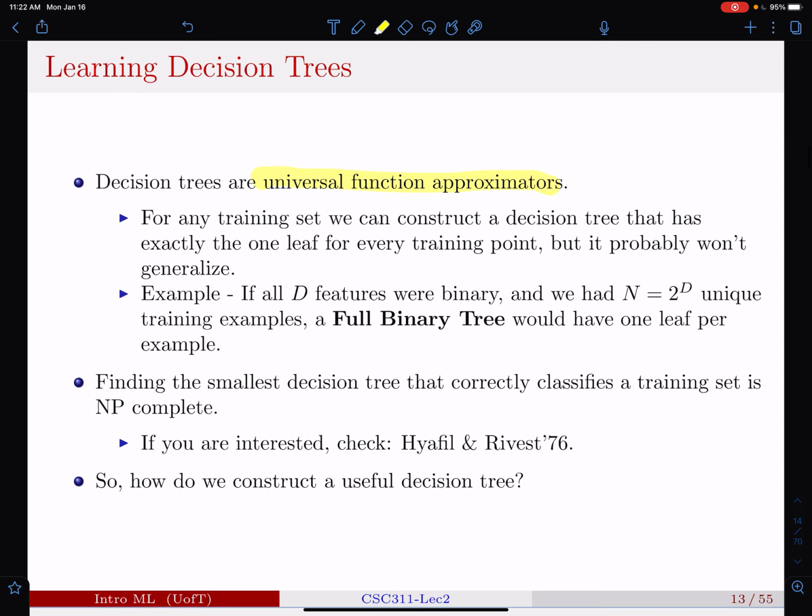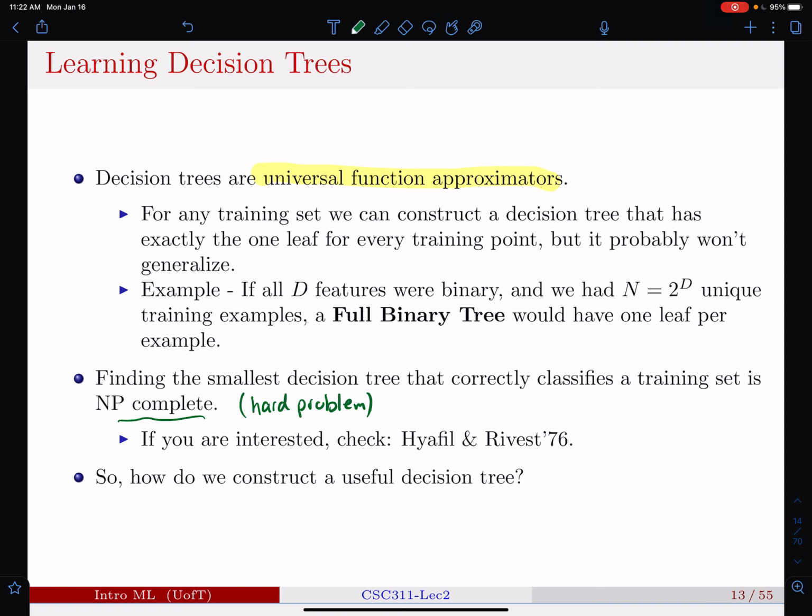But this isn't particularly useful to us if the decision tree doesn't generalize, and actually finding the smallest decision tree that correctly classifies a training set is NP complete, which, if you remember from an algorithms class, means it's a hard problem to do. We don't have a simple algorithm to check this quickly.